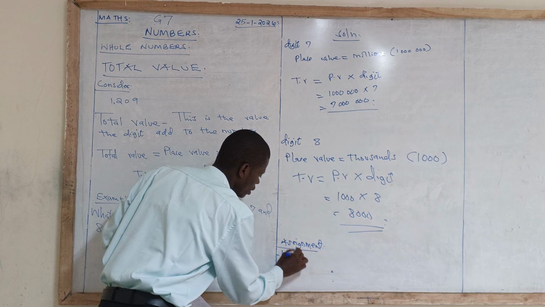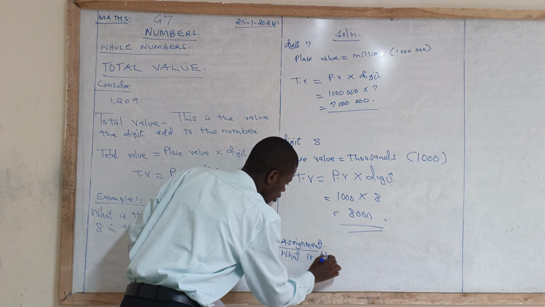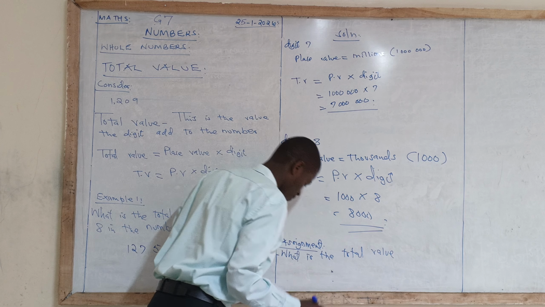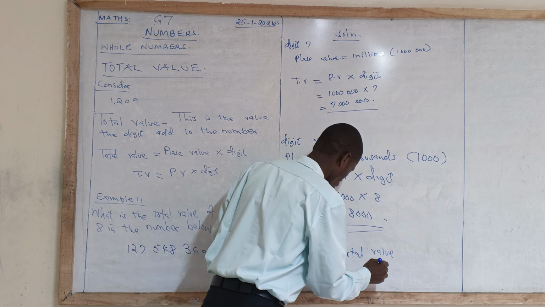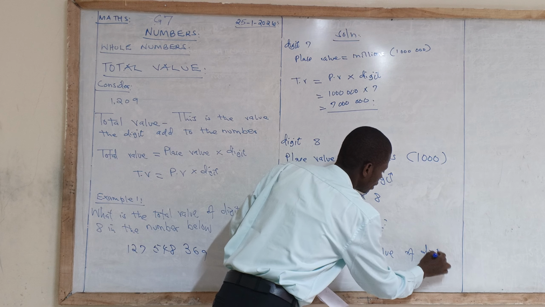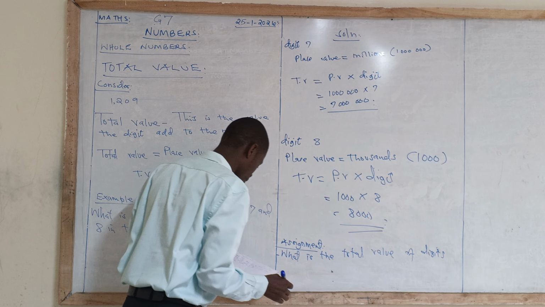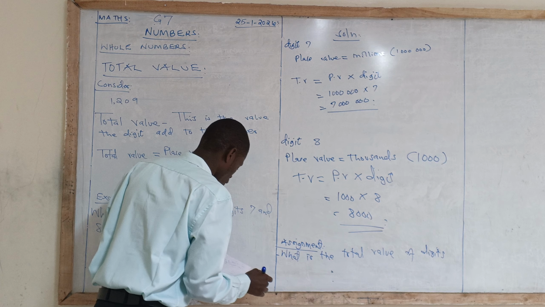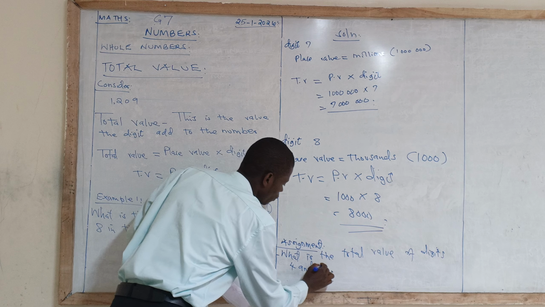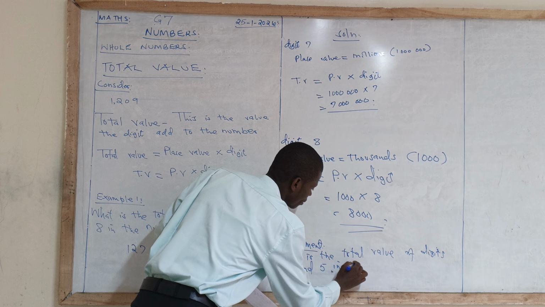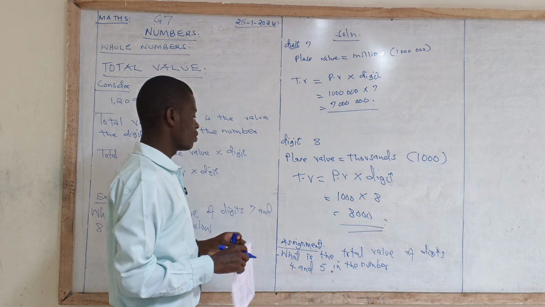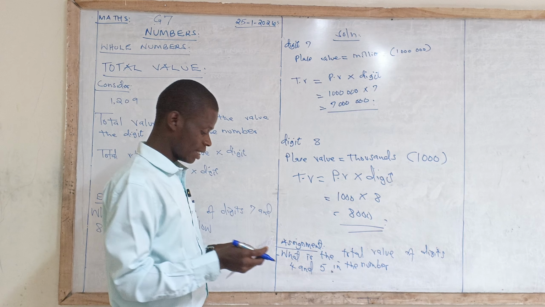What is the total value of digits 4 and 5 in the number? What is the total value of digits 4 and 5 in the number?